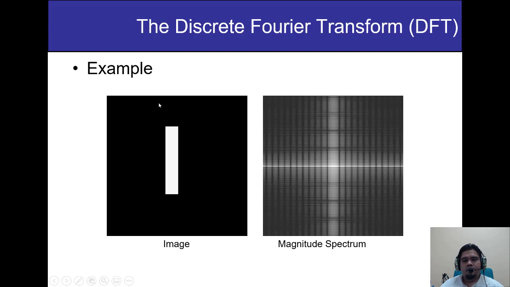If you change it into the frequency domain by applying the Fourier transform, this is how it looks. But of course, you will question the output: how can this, after you convert it with the Fourier transform, become like this?